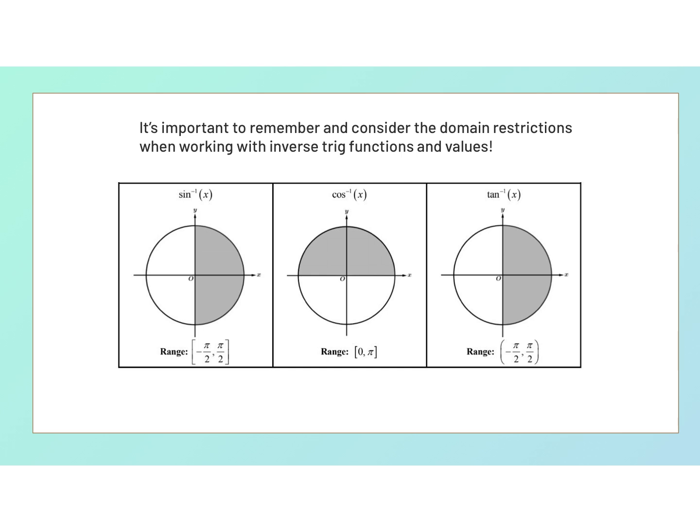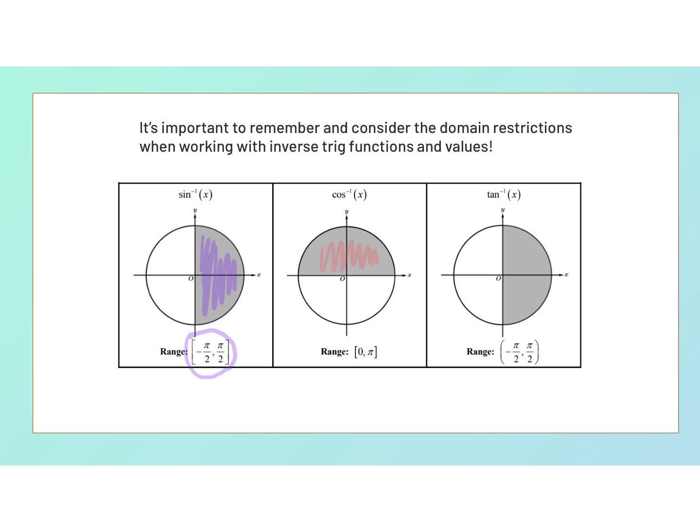So it's important to remember and consider these restrictions when working with your inverse trig functions. We're not looking at the whole unit circle. For each of these inverse trig functions, we only have half of the unit circle. So for sine, we're looking at quadrants 1 and 4 again. Our range is from -π/2 to +π/2, including both of those bounds. For cosine, we're looking at the top half, quadrants 1 and 2.